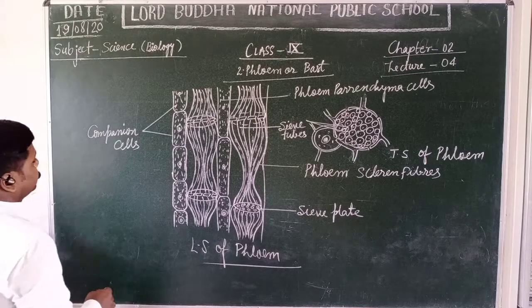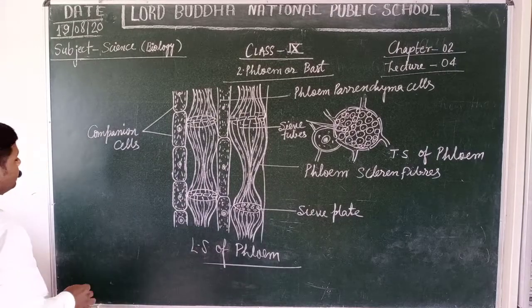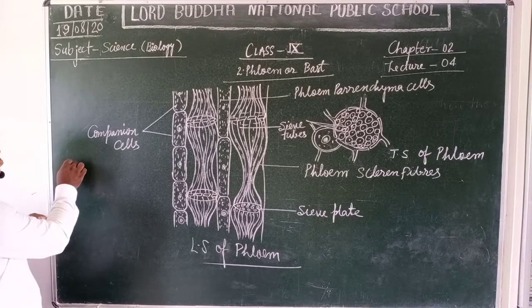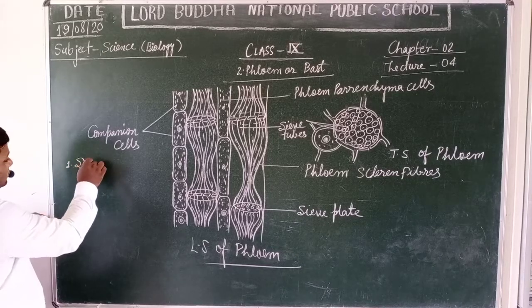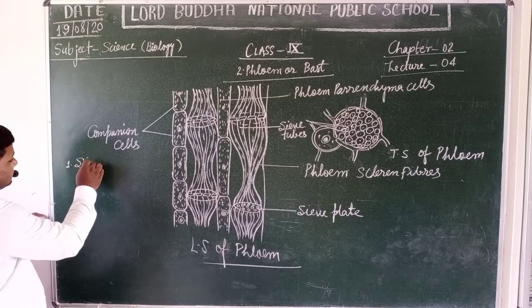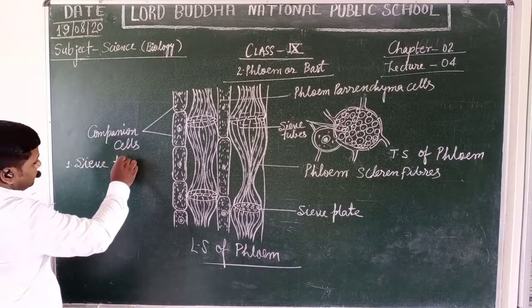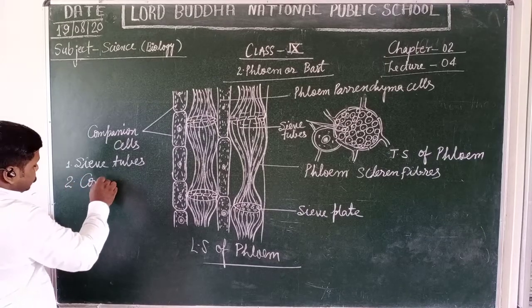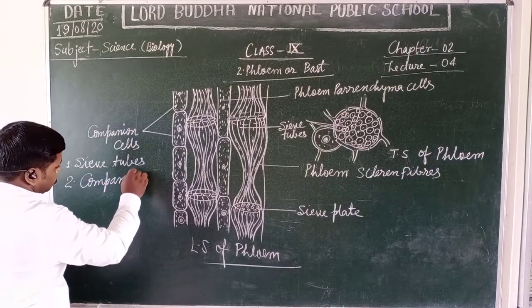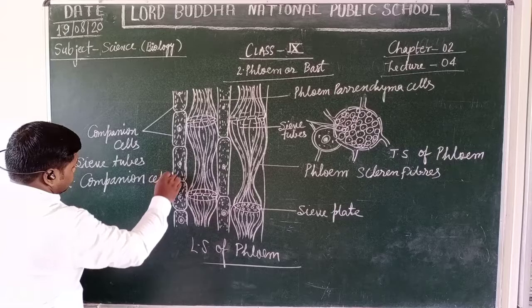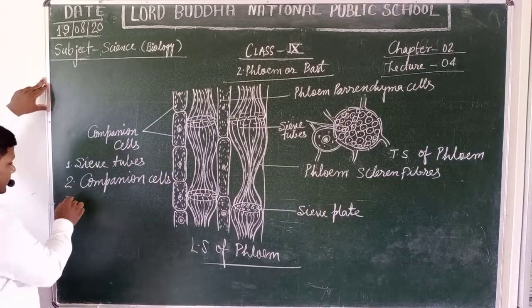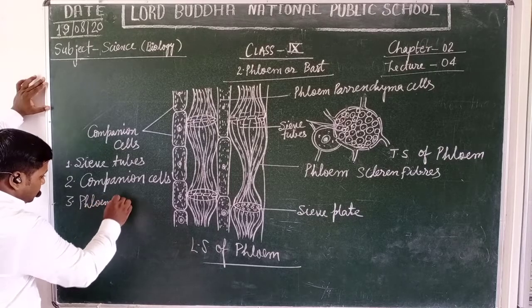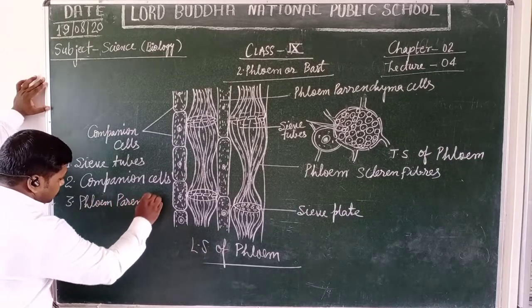Now students, from this diagram we know that there are four types of cells present in the phloem. First is sieve tubes. The second one is companion cells. The third one is the phloem parenchyma.